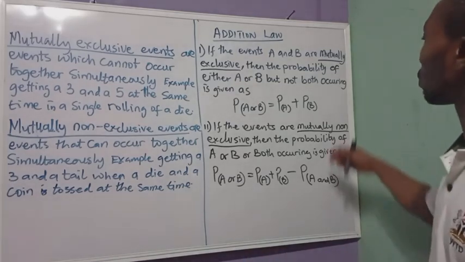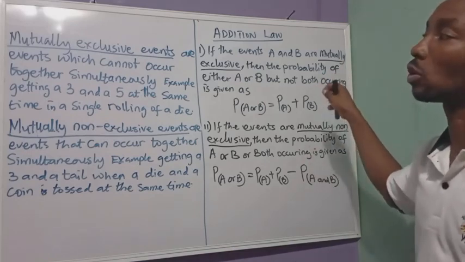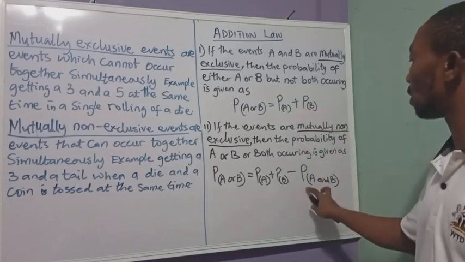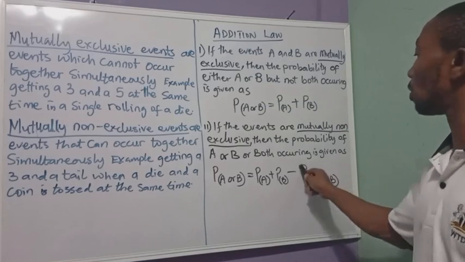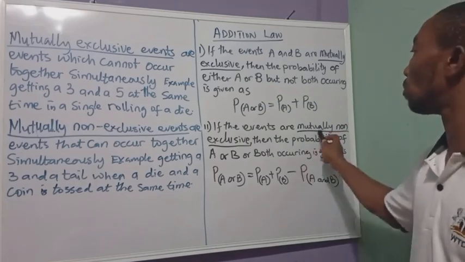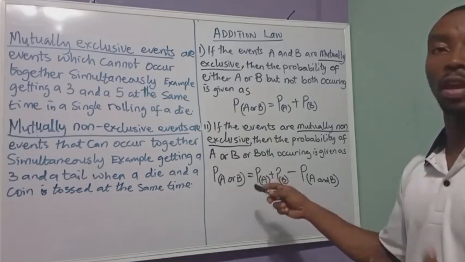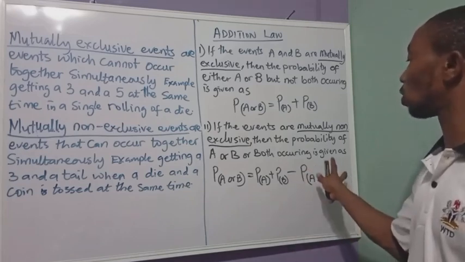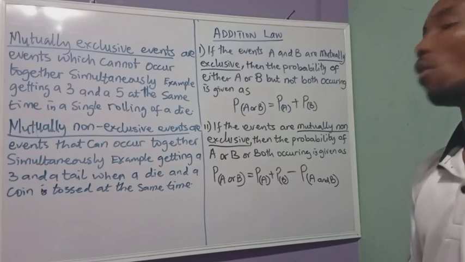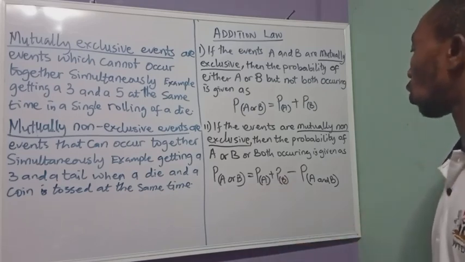That is the difference between these two: for mutually exclusive, since both of them cannot occur, we do not have the both-occurring term. For mutually non-exclusive events, we subtract the probability of both occurring from the sum of the individual probabilities.